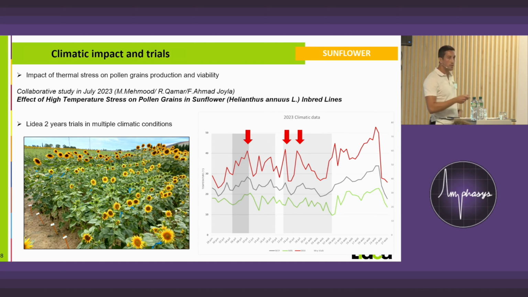The sensor was directly in the sun, that's why it's 50. So we can have a huge impact on the parental lines. So we developed a model to integrate this climatic data and to measure the exact behavior of the parental line, even if there is a different climatic condition.